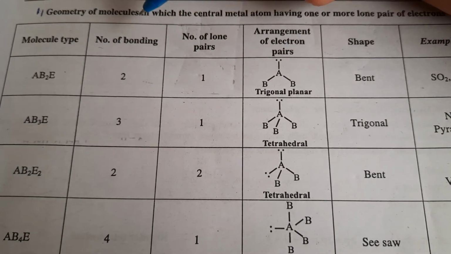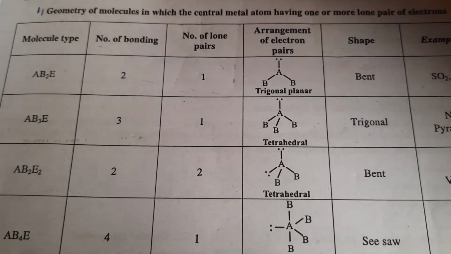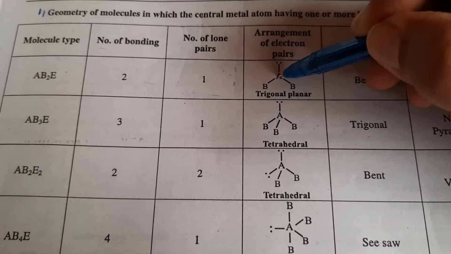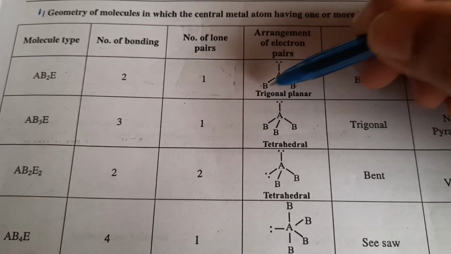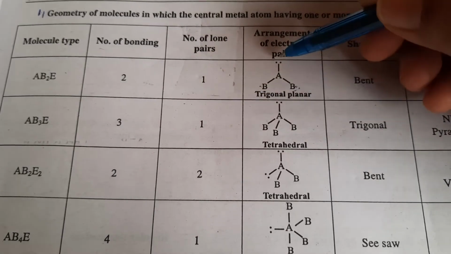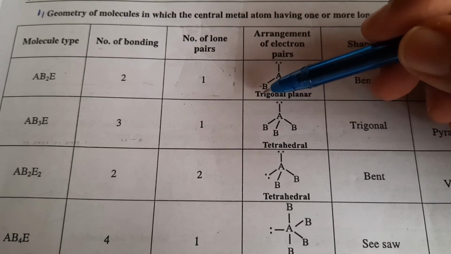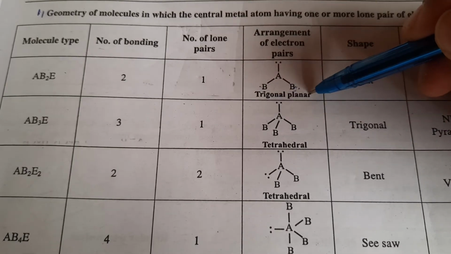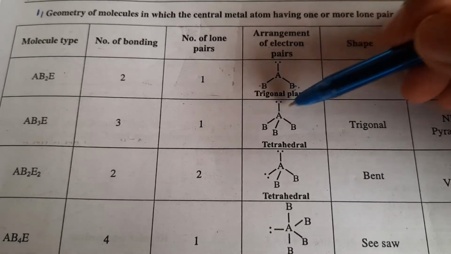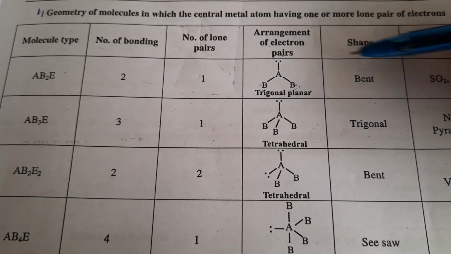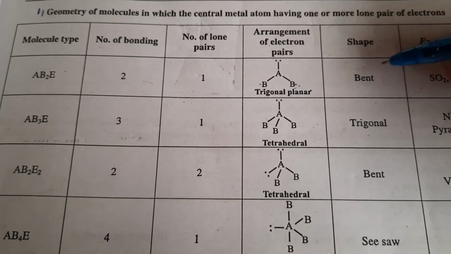AB2E type: here we consider the number of bonding electrons and the number of lone pairs of electrons. At the center I have A, two B atoms are directly bonded, and a lone pair of electrons is shown here. At that time it is said to be trigonal planar. The arrangement of electrons is trigonal planar, but the shape is different from the arrangement of the electrons.